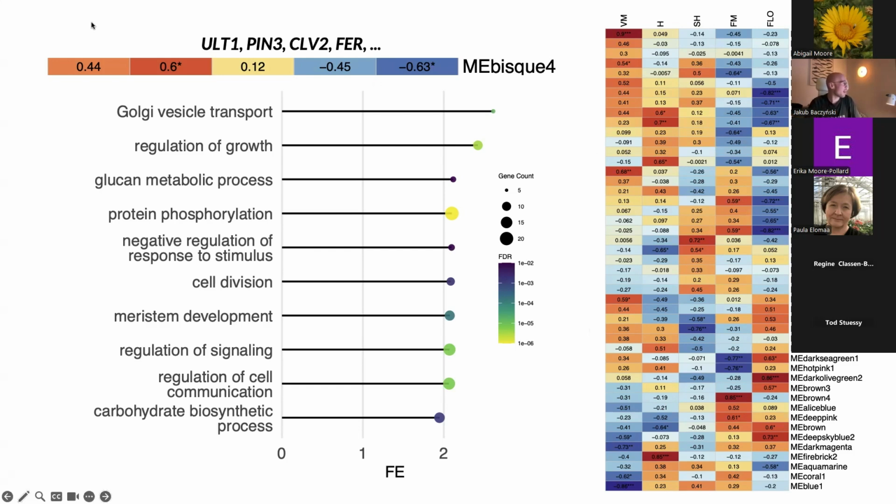And for example, I was able to identify the module called BISC4, which is significantly positively correlated with formation of primary head meristem. And this module is also significantly enriched in terms related to meristem development, regulation of cell communication, signaling, cell division, regulation of growth. So it also suggests that we have some enrichment of genes possibly involved in primary expansion of the head meristem.